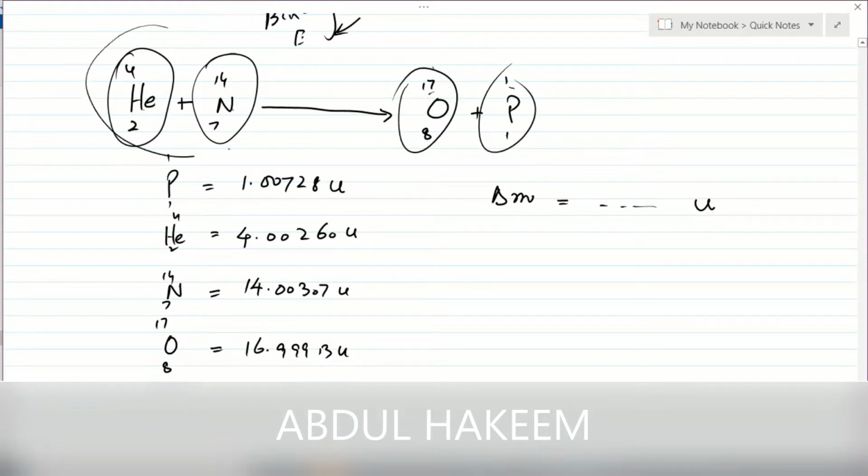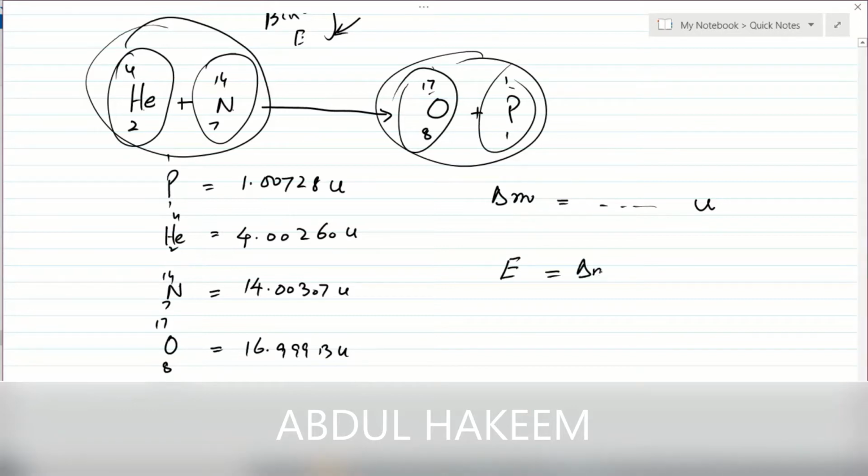So the sum of the reactants and the sum of the products, the difference will be delta M. You have to solve this. Then calculate the energy associated with this mass. For that, we will write delta m c square. Before calculating this, you have to convert U into kg, which is 1.66 times 10 power minus 27 kg.